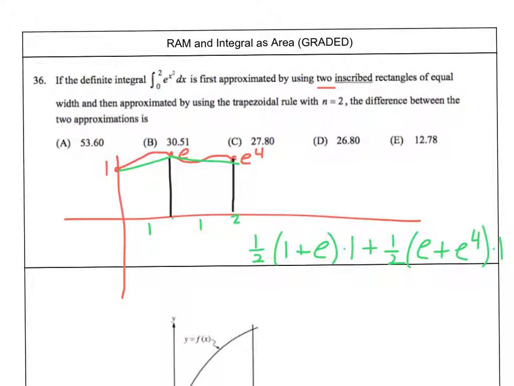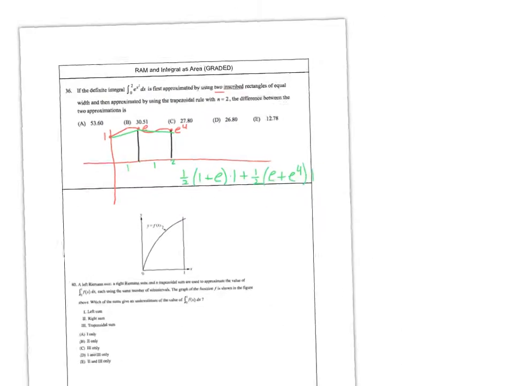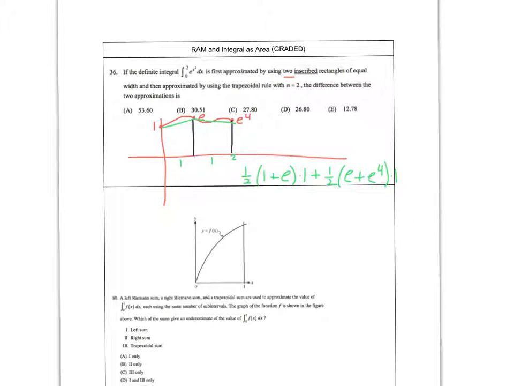We'll take a look at the rectangles next. Okay, continuing looking at rectangles. One of the things you can't really tell in my bad drawing is that this thing is gradually going up because e is higher than 1 and e to the 4 is much higher than e. So if we're looking at rectangles with equal width, these are still dealing with bases of 1.